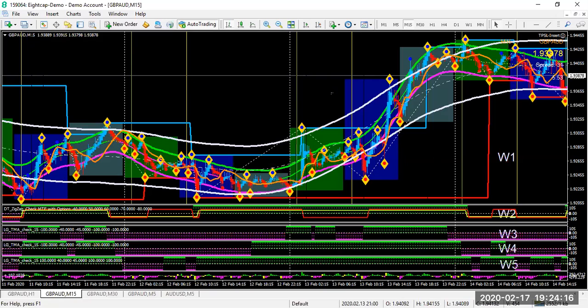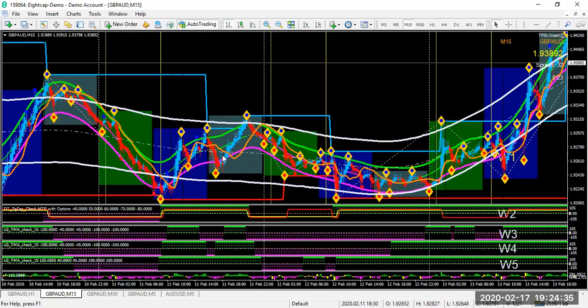Okay, so in the M15, you can see 10 o'clock yielded a trade. The 6, probably not in this case. The 10 did there. Okay.